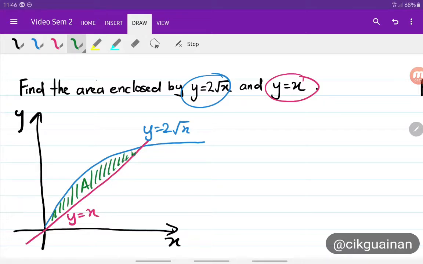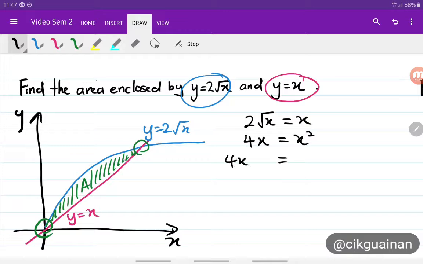So we have the area starting from this point to this point, so we have to find the intersection point. How to find the intersection point? Simple. We just make the 2 equations equal. In this case, it's a square root, so it's easy to square both sides, and then I bring the x squared over, so 4x minus x squared equals 0.